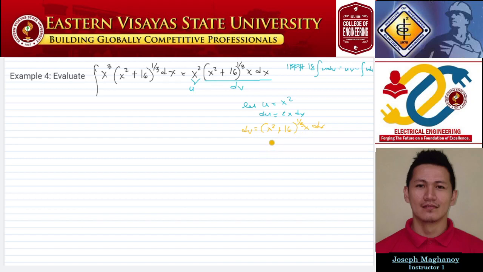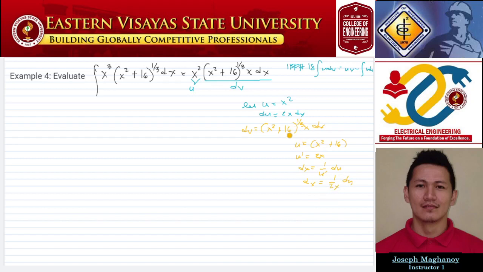So we let x squared plus 16 as our u, since we have a fractional power. So the first derivative of your u would be 2x. So your dx is equal to 1 over 2x du.